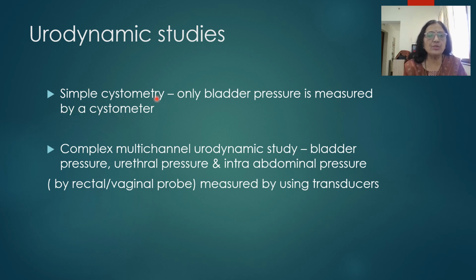One is simple cystometry and the other is complex multi-channel urodynamic study. In simple cystometry, only bladder pressure is measured by a cystometer, whereas with complex multi-channel urodynamic study, bladder pressure, urethral pressure, intra-abdominal pressure, all these are measured. Abdominal pressure is measured with the help of a rectal or vaginal catheter or probe, and all these are measured by using transducers.